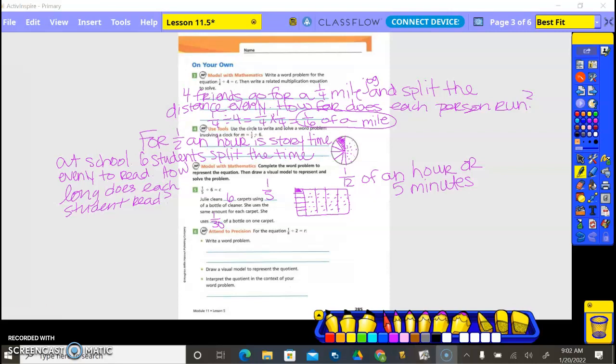Number 6, attend to precision. For the equation 1/8 divided by 2 equals R. Write a word problem. So Nellie and Joe had 1/8 of a bag of bubble gum.